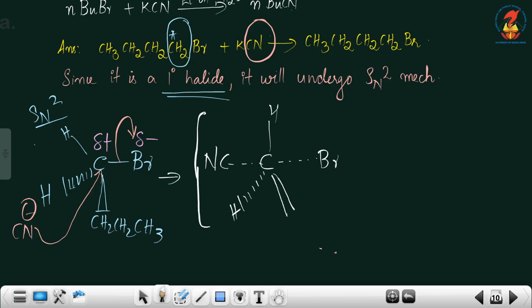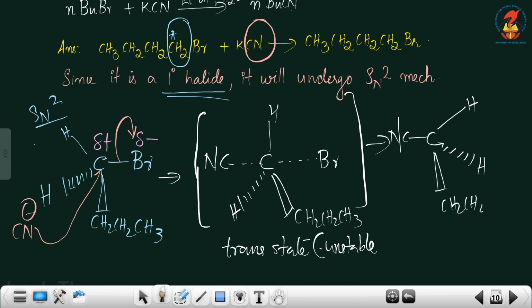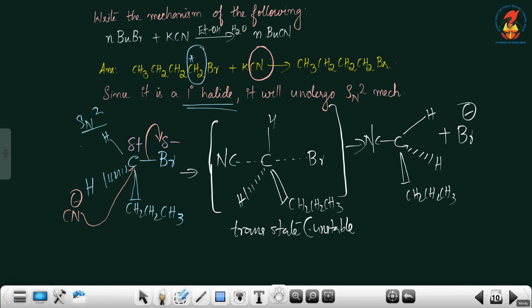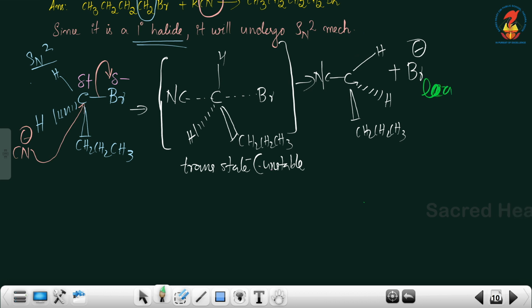The second hydrogen and CH2, CH2, CH3 group, and this is our transition state, which is highly unstable, so it readily decomposes to give the product, where the C-CN bond will be complete, then hydrogen, second hydrogen and CH2, CH3 group, and Br will go as Br minus, and this Br minus is called the leaving group.